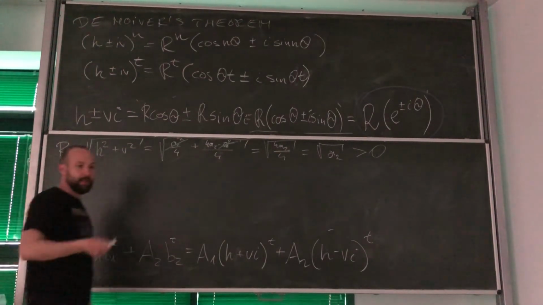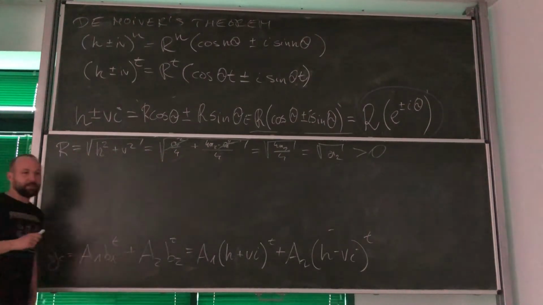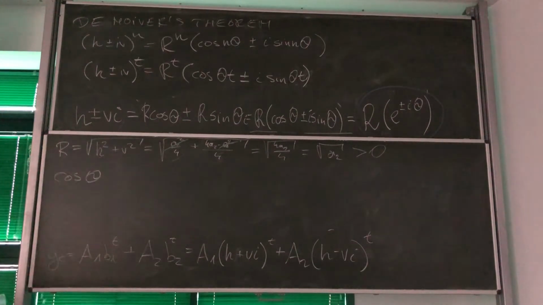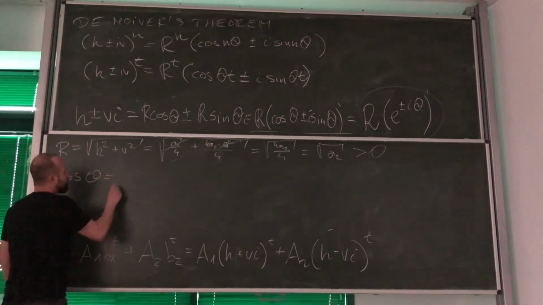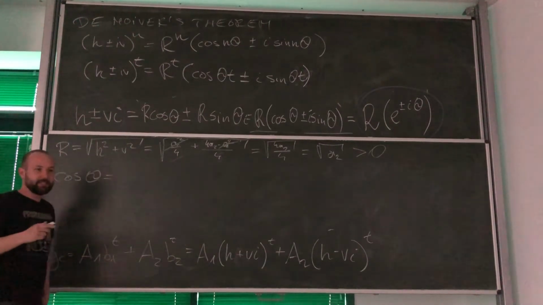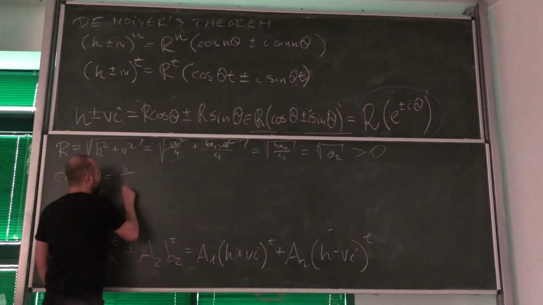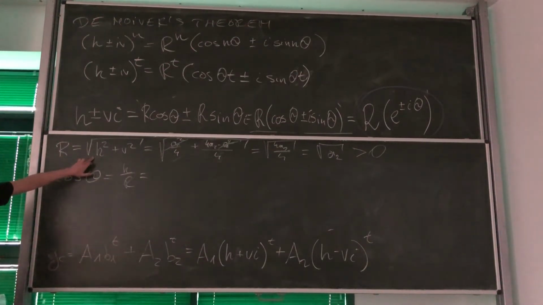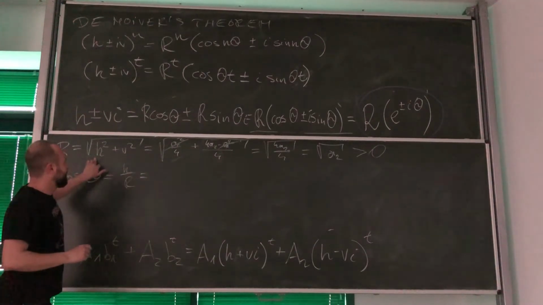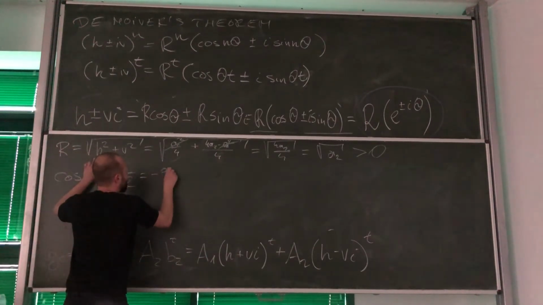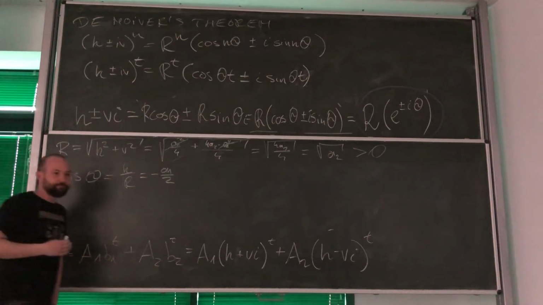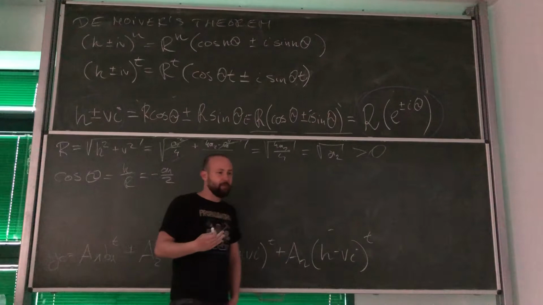Okay, now we can do the same things with other expressions. So for example, cosine theta is equal to h over r. So let's go back to our expression with h. Our expression with h is simply negative a1 over 2.